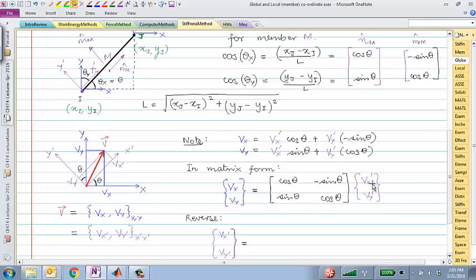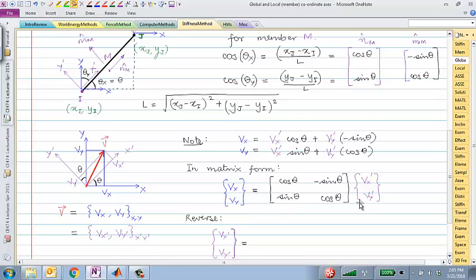So the local are in purple, the global are in blue. So this is a simple relationship that allows me to calculate the global Vx, Vy, if I know the local Vx prime, Vy prime for any vector, whether it's a force, displacement, velocity, acceleration, whatever. Vectors just transform in the exact same way, right? Whether it's a vector from that corner to that corner or any other vector.